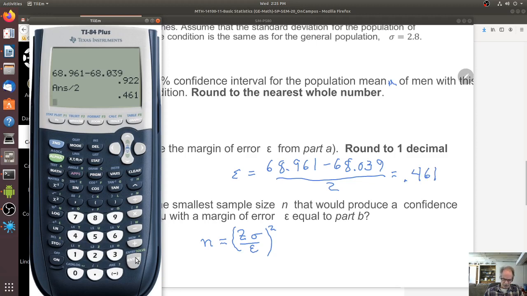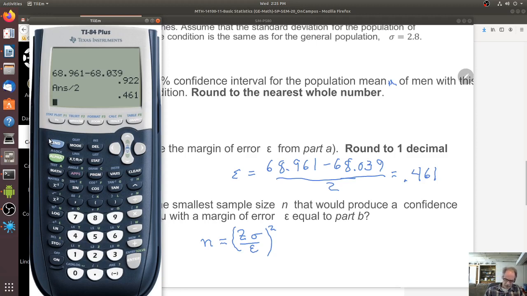Round to the nearest whole number. Oh, okay. Well, let's see. I guess that's what we're supposed to do here.